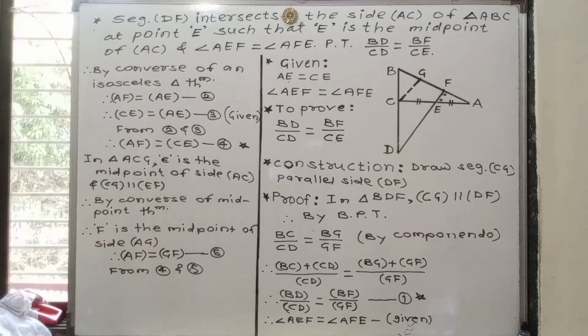Therefore, right hand sides also equal. Therefore, GF is equal to CE. Did you get it? Now we have proved GF is equal to CE.